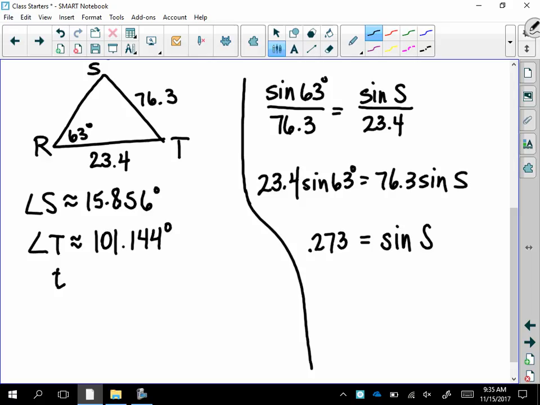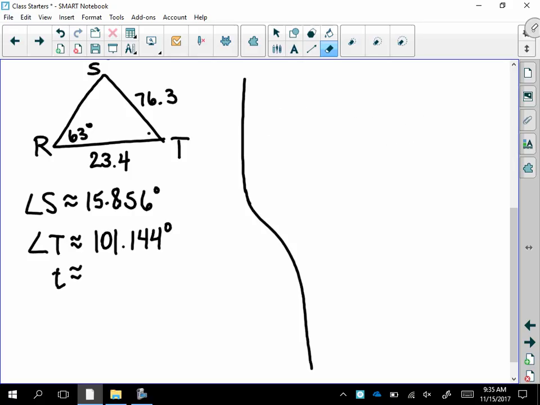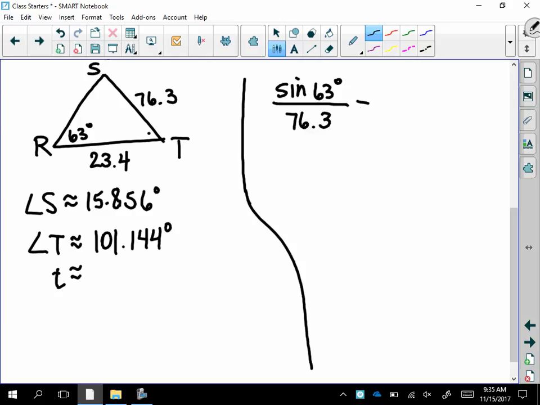We still have to find side T. But now that I know what angle T is, I'm going to be able to use the law of sines again. That will be the sine of 63 degrees over 76.3 equals the sine of T, which I've just found to be 101.144, over side T. And then we'll cross multiply.